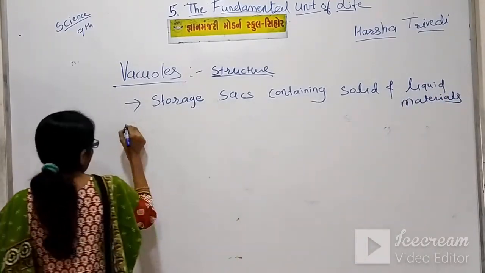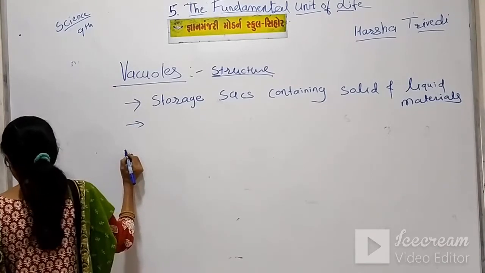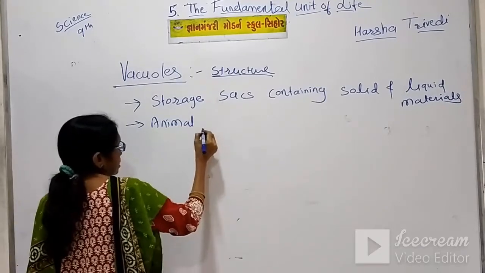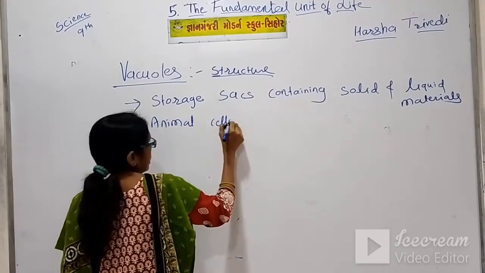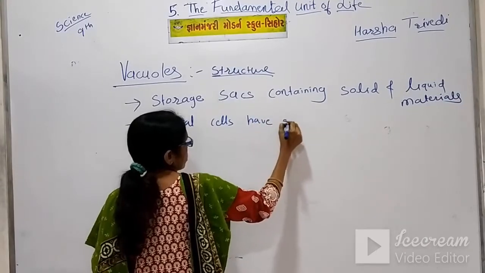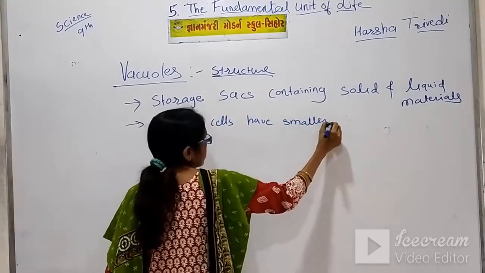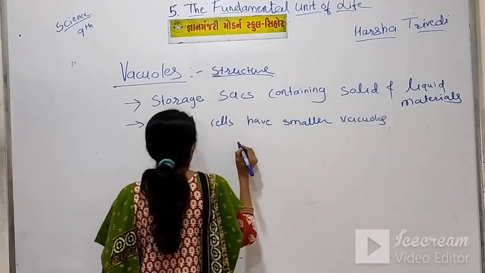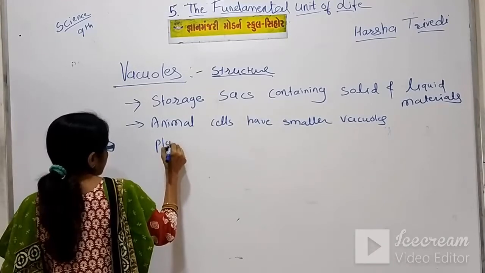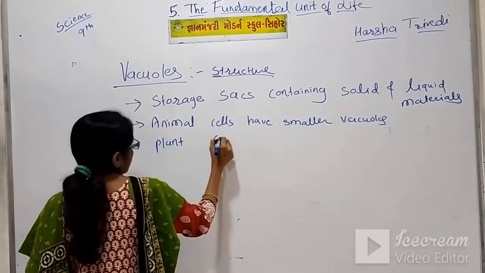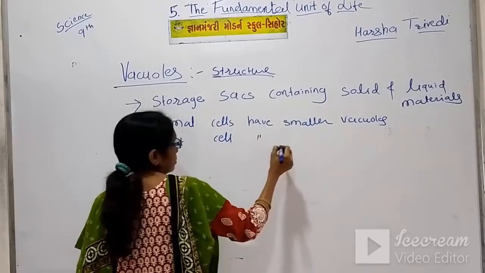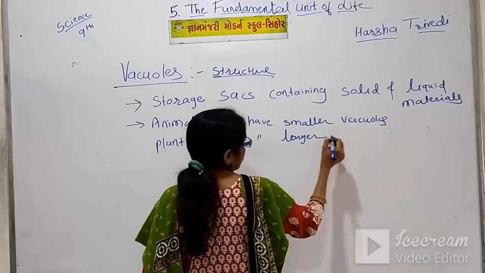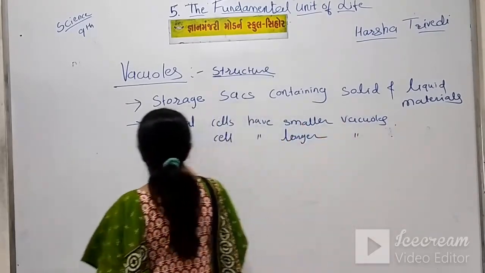Now, second point. Animal cells have smaller vacuoles, while plant cells have larger vacuoles.